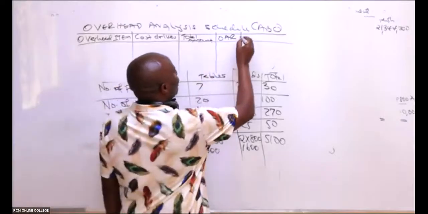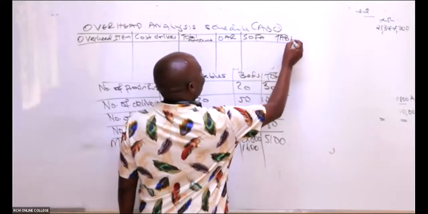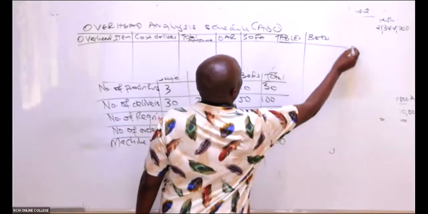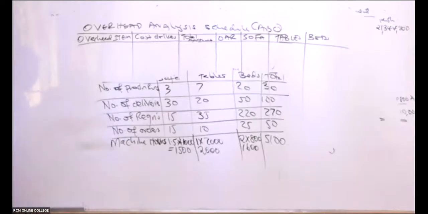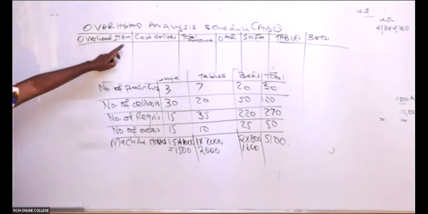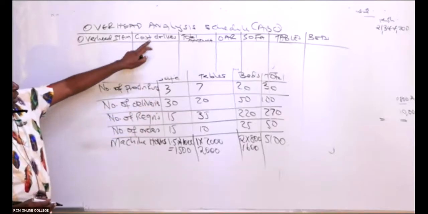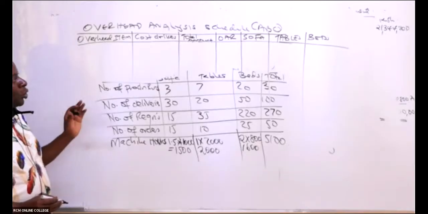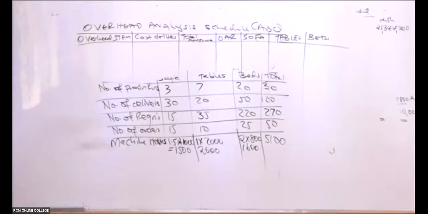So the products, so far, we have tables, we have beds, like that. So overhead item, the cost driver to connect this table and this one, it will be very, very important for you to have cost drivers. Total amount, overhead absorption rate, then tables, beds, like that.